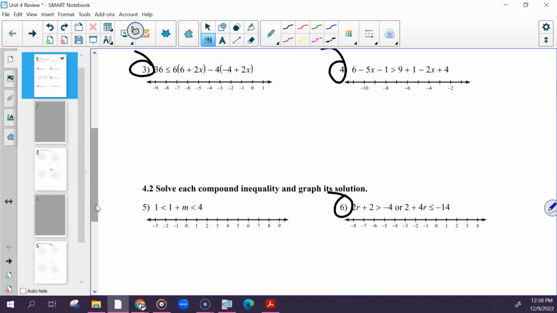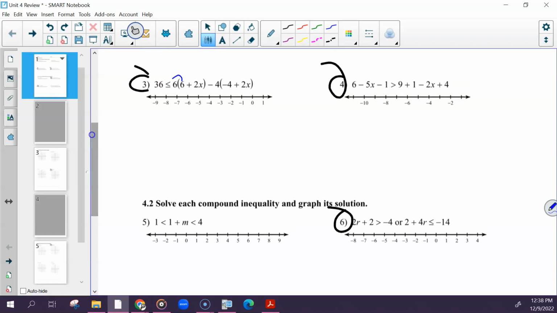When you're doing this work, either put it underneath in that space or get another sheet of paper and do it there. You would be solving these just like a normal problem. Distribute. So we have 36 is less than or equal to 36 plus 12x plus 16 minus 8x.